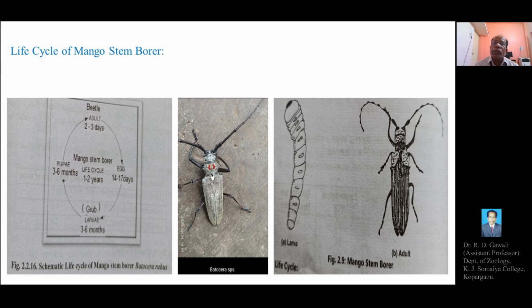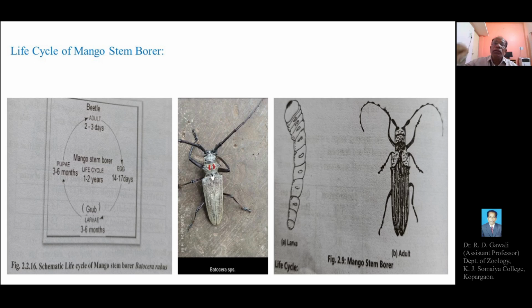Then the larva, after a period of 6 months, undergoes pupation. The pupal stage also takes place inside the mango shoot or stem, and it is transformed into the adult beetle after a period of again 3 to 6 months.